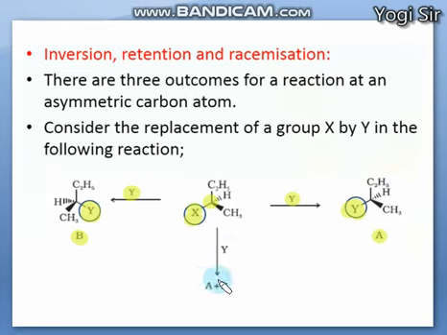And the third possibility is that you can get both A as well as B in 50-50% contribution, and that is mentioned as racemization, right? So here A is retention, B is inversion, while this A plus B mixture of both products in equal proportion is known as racemization, right?